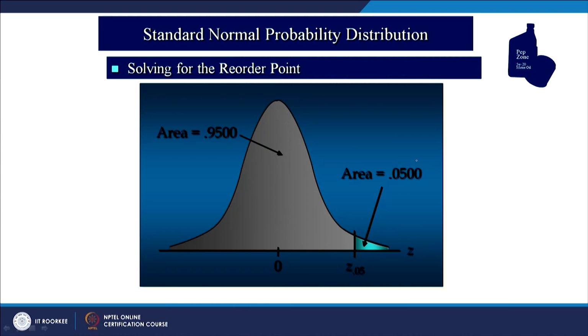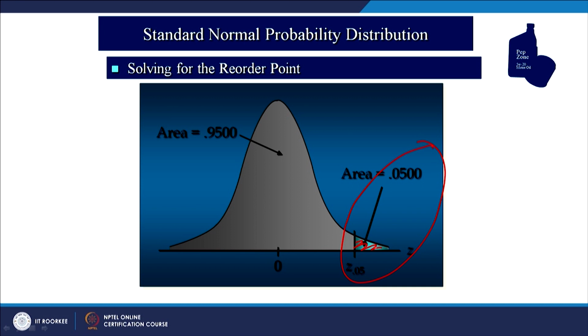So, what was the question? The stock out probability becomes 0.05. Okay. So, the area under this curve is unity, and we are interested in this area, right.